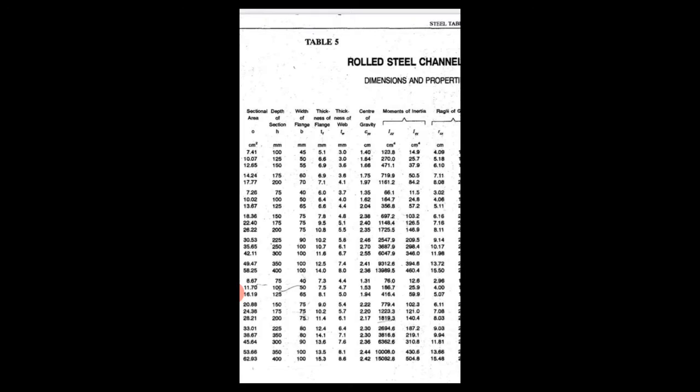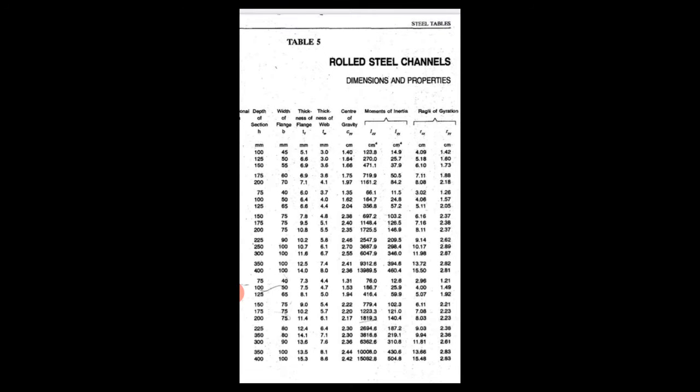Converting to mm raised to 4, multiply by 10 to the power 4. So IXX is equal to 9312.6 into 10 to the power 4. Second value, IYY, is 394.6 centimeter raised to 4, so 394.6 into 10 to the power 4 mm raised to 4.